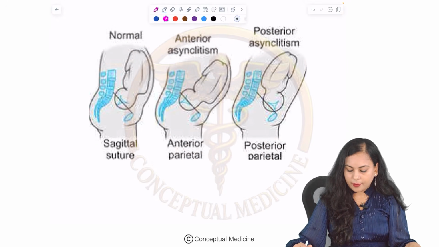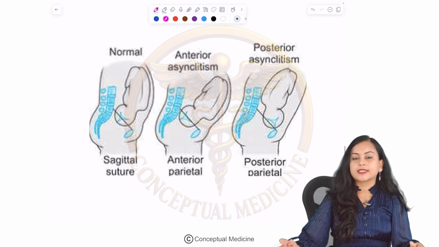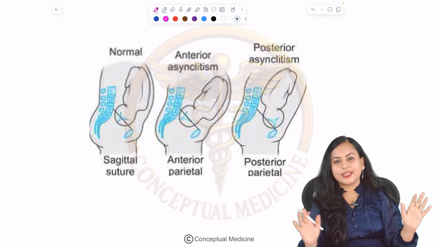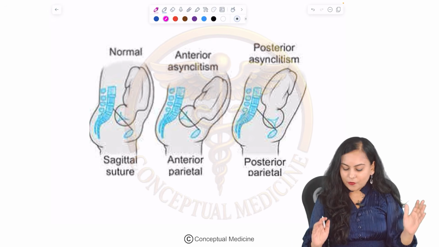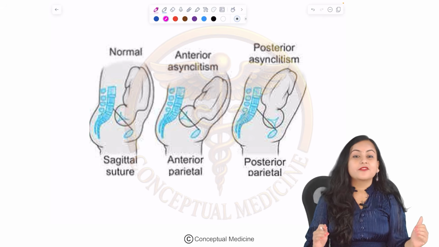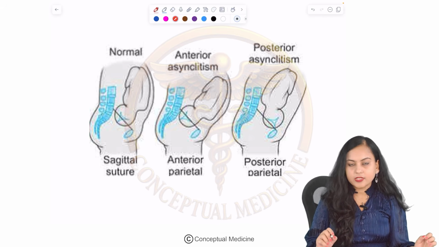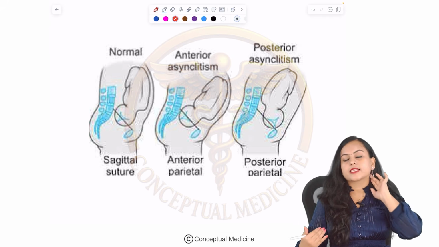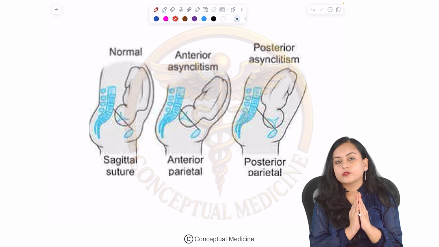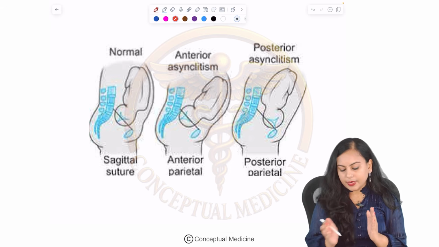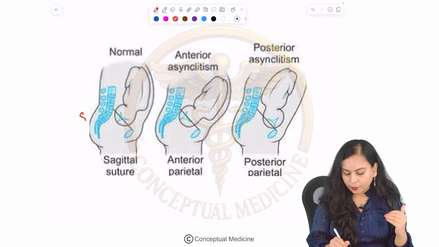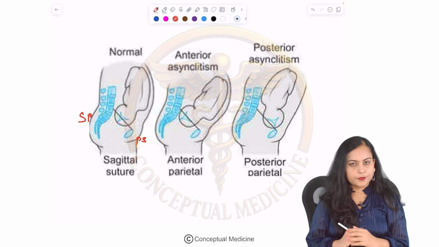Right. Now coming to asynclitism. Let me make this clear here itself so that you won't have any doubt till the end of the session, right? So, normally when a fetal head is engaging, you have to check the sagittal suture. I will be discussing fetal skull separately. For now, remember the sagittal suture of the fetal skull will be lying in the center between the sacral promontory and the pubic symphysis.